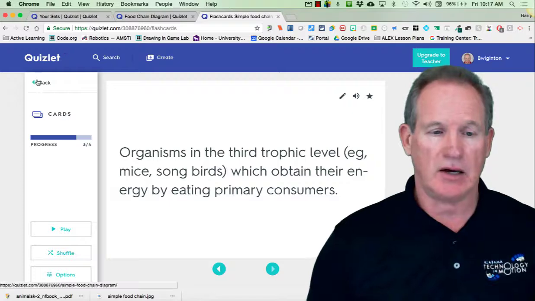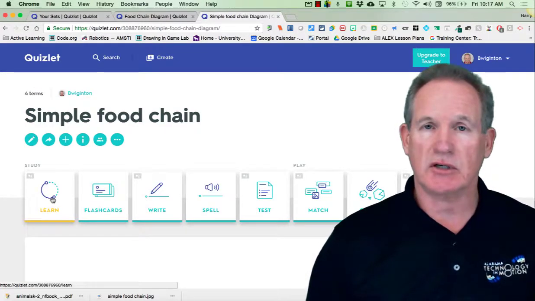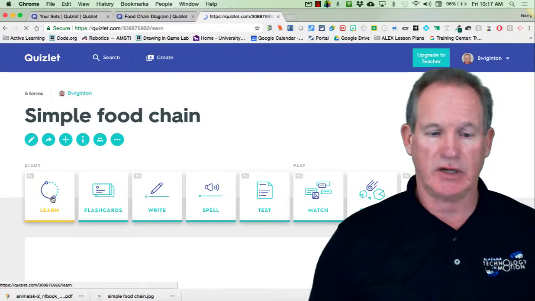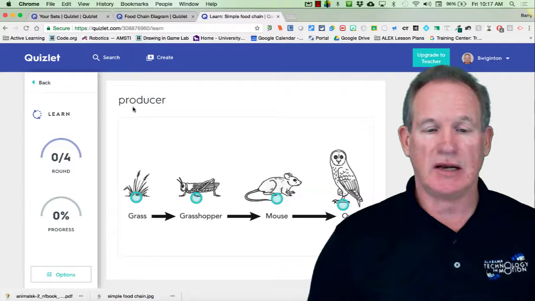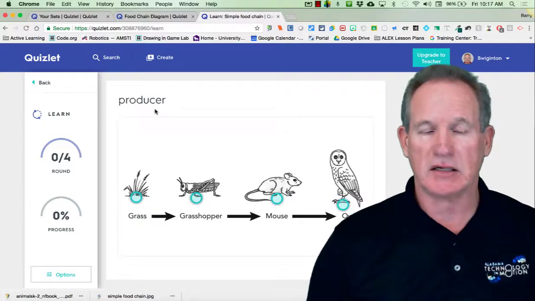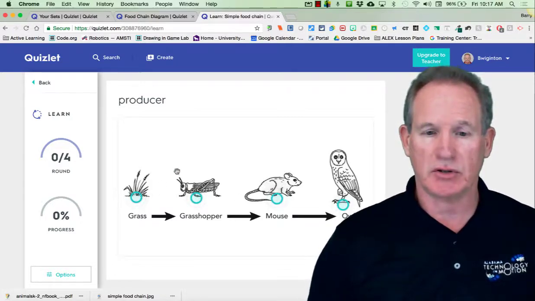All right? Now when I go back, the next thing I want them to do is click on the Learn activity. And in this, you'll see that at the top, it is asking the student which of these flashing indicators is the producer.